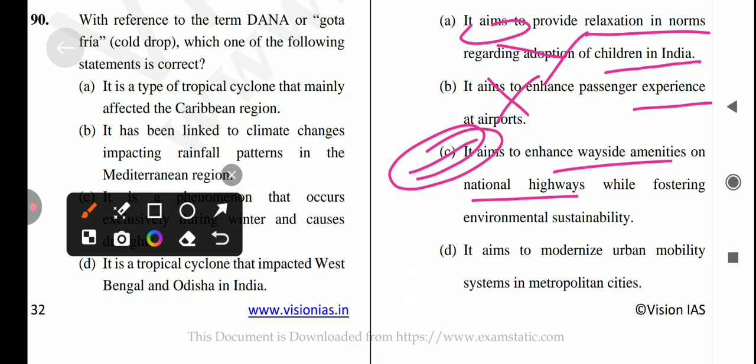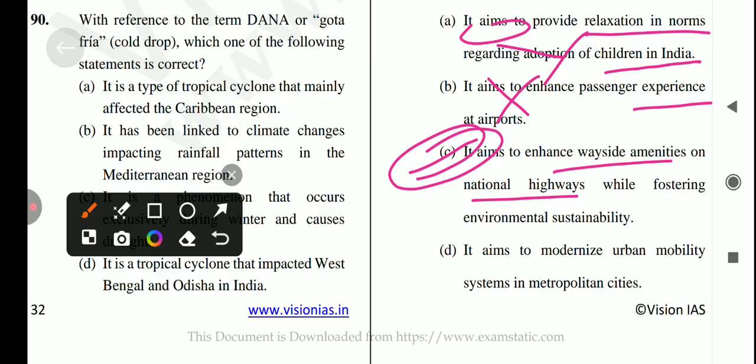Next is digital accessibility, which offers travelers instant access to services via the Rajmarg Yatra app. Another is business opportunities. Next is road signs. The policy aims to use road signs to tell drivers about the services coming up on the highways.